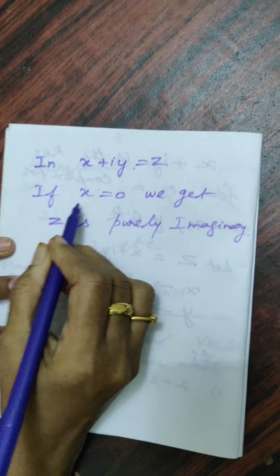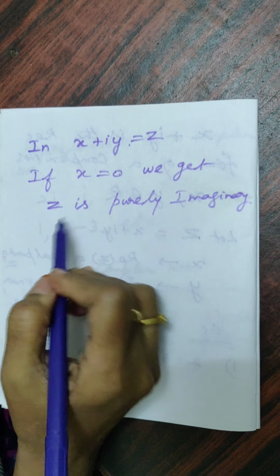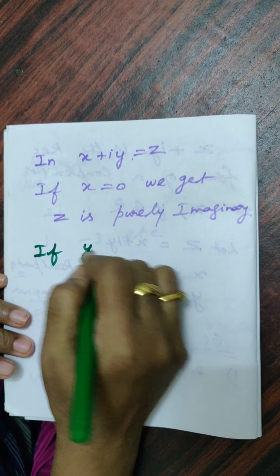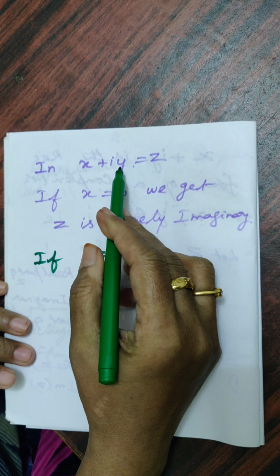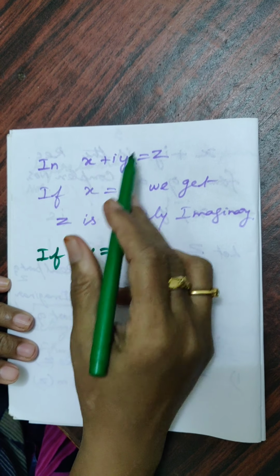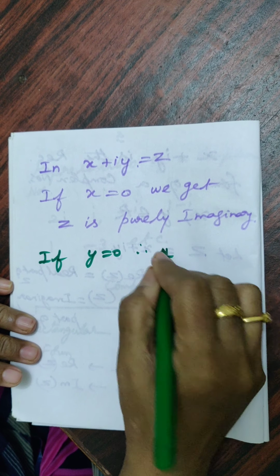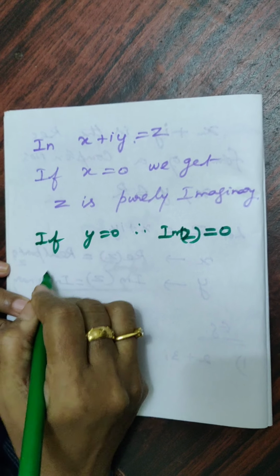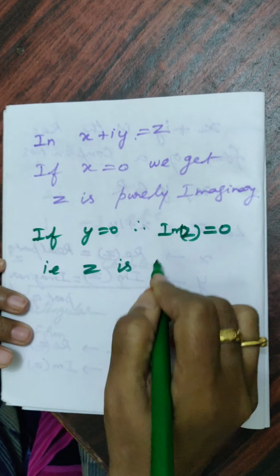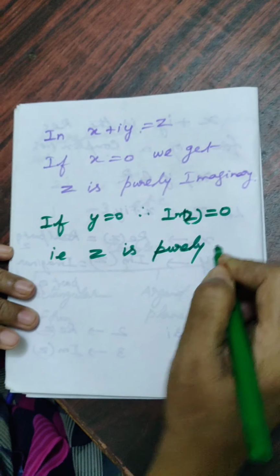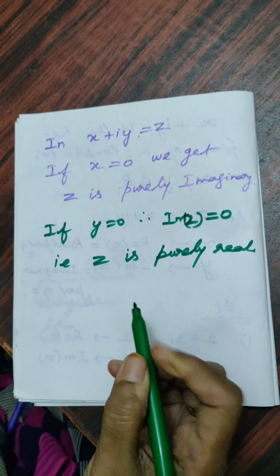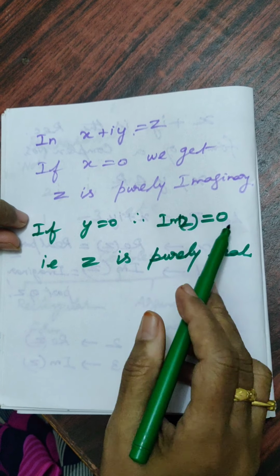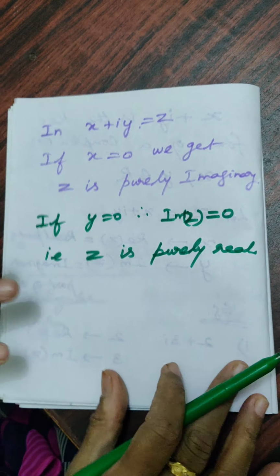If y is equal to 0, there is no imaginary part in z, therefore the imaginary part of z is equal to 0, that is, z is purely real. If x is equal to 0, z is purely imaginary; if y is equal to 0, z is purely real.